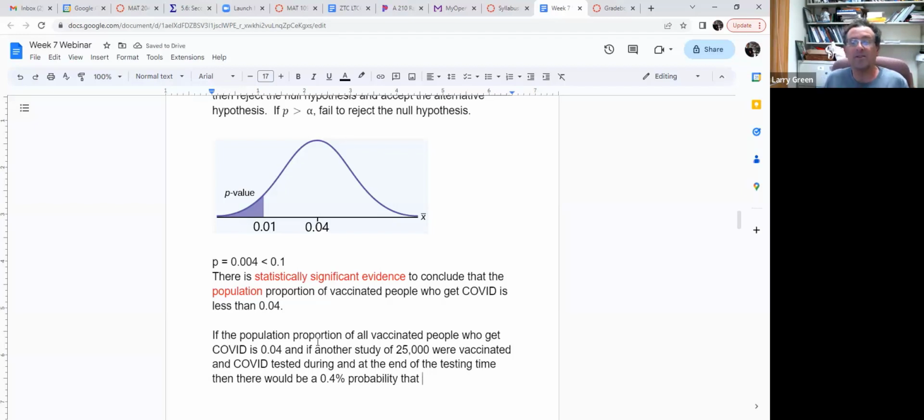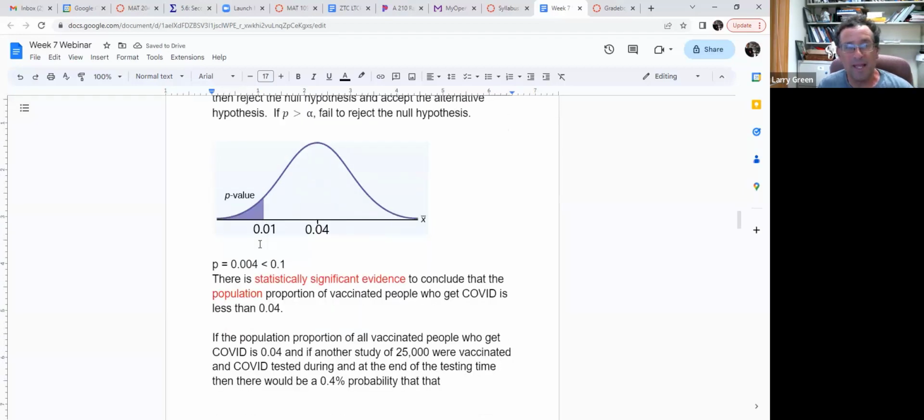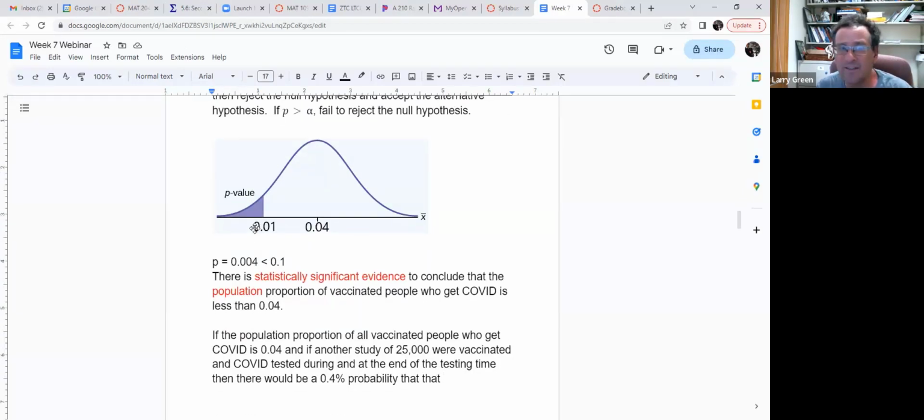Okay, so there'd be a 0.4% probability that, and again, of those that got vaccinated, only 1% got COVID, that fewer than 1% of them would get COVID.